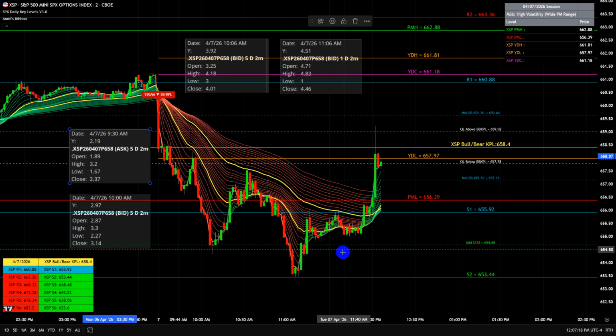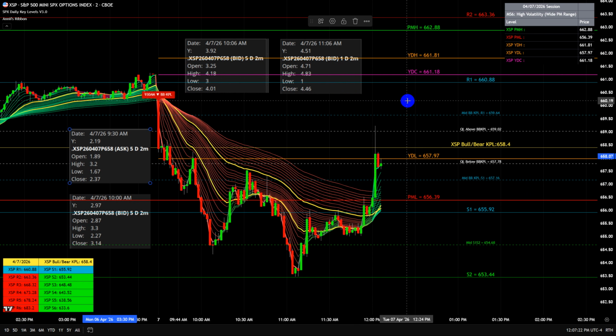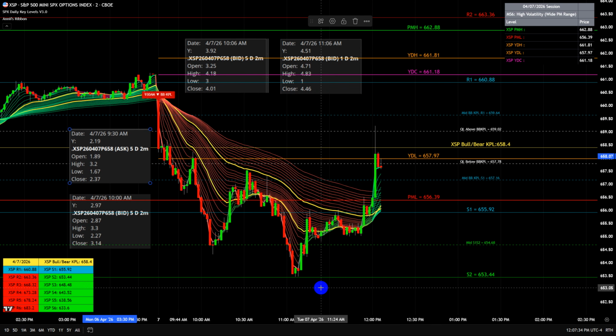On the 11:06 a.m. candle down here, where we have the touch of the S2 level and the 2-level ideal move, the bid price on the close of that candle is $4.46. Now as you can see here, after it hit the 2-level move, it began its move back up.